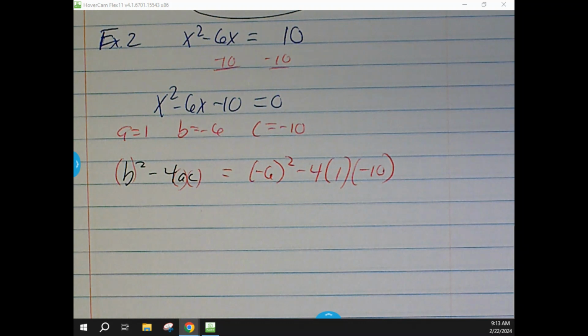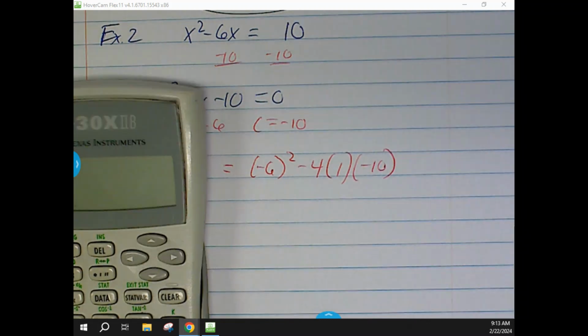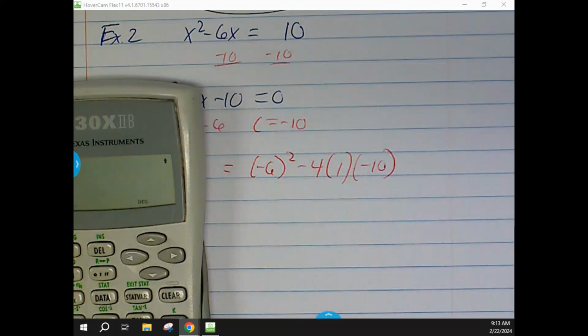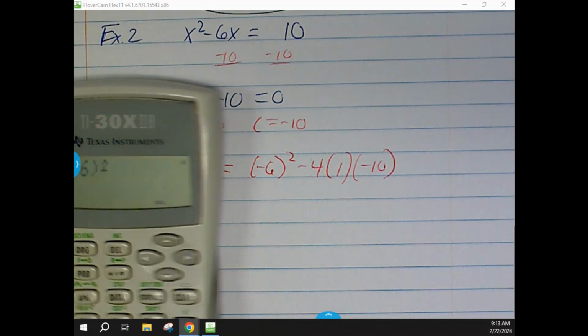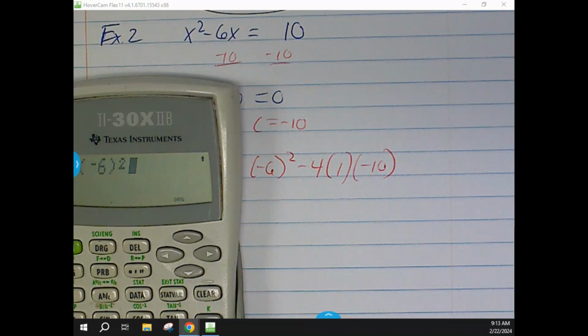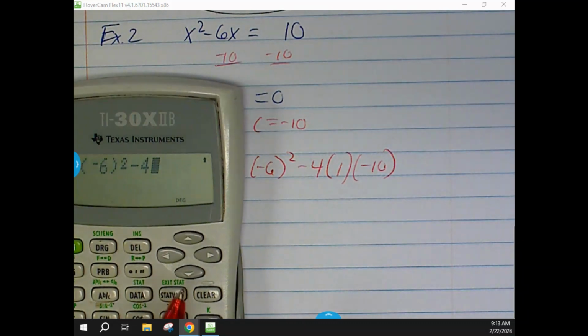We're all about trying to do this as quick as we can. To get the quickest, fastest, most accurate answer, make sure when you plug these numbers in, you use the parentheses. So that's parentheses, negative 6 squared, minus 4 times 1 times negative 10.